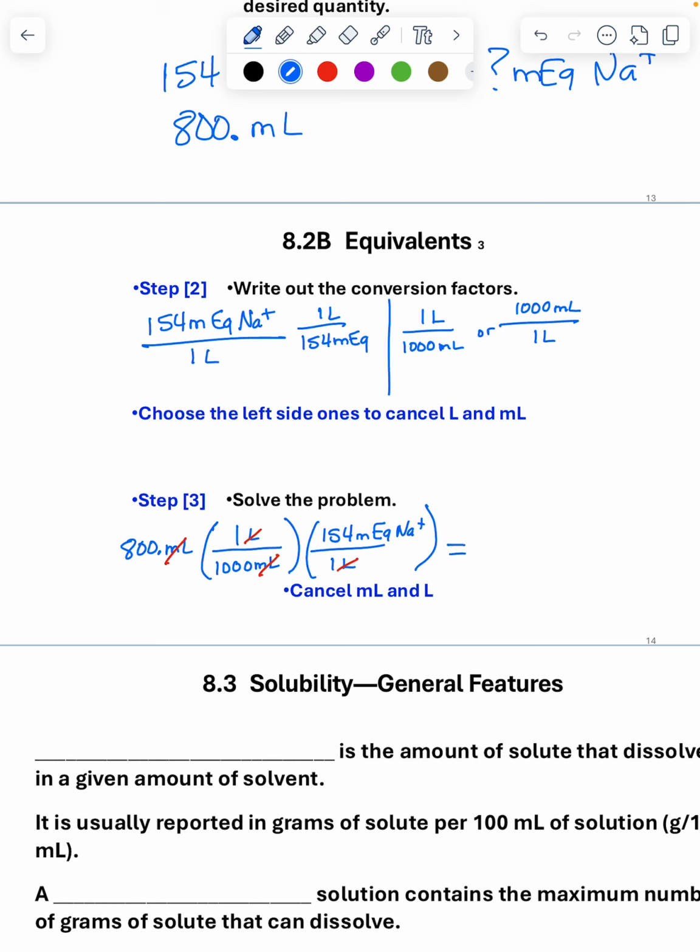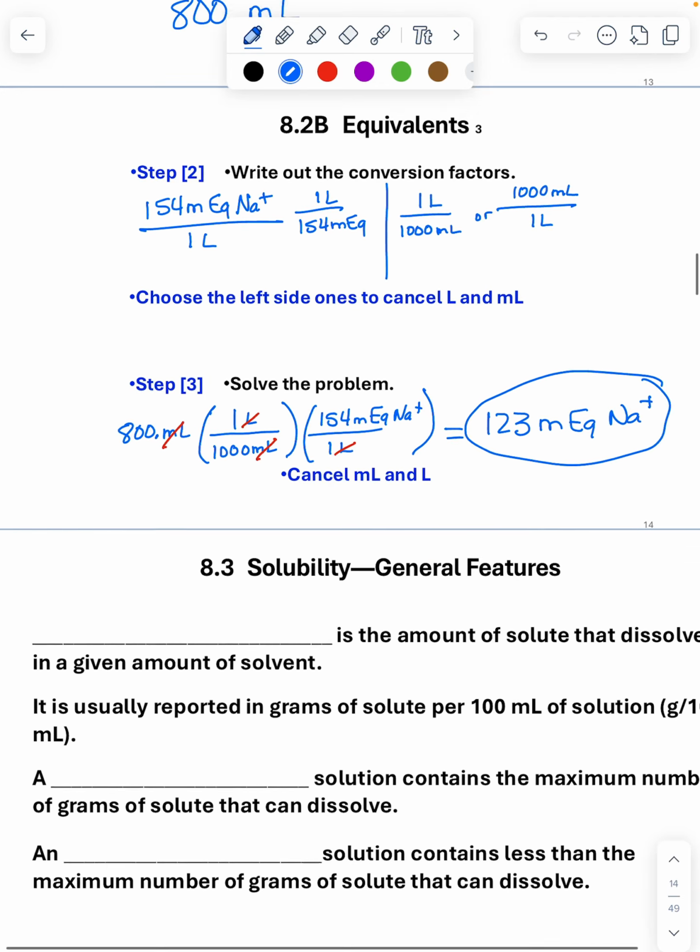And so this would be 800 divided by 1,000 times 154, and that's going to give us 123 milliequivalents of sodium ions in this 800 milliliter solution. And so this would be our final answer. So again, that's just another problem using the dimensional analysis that we've learned about previously. You can see that's a very useful tool to help you do conversions, changing one unit to another.